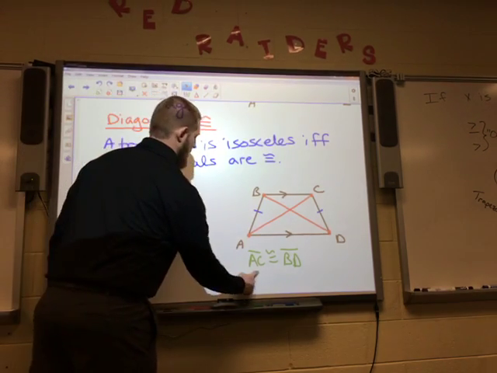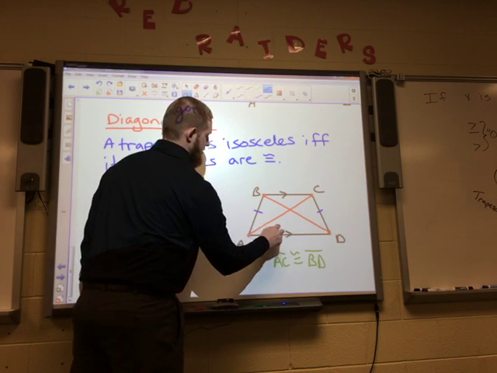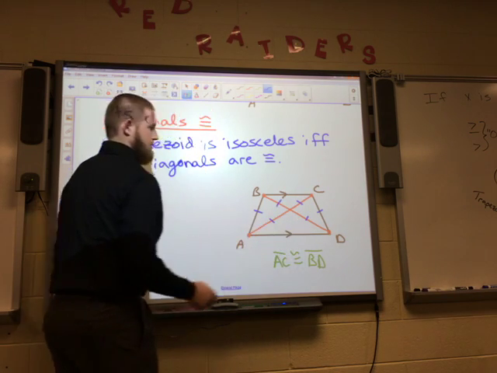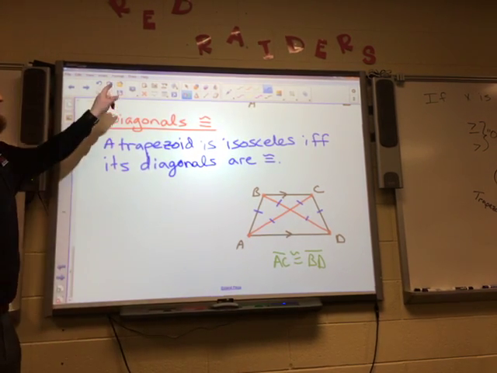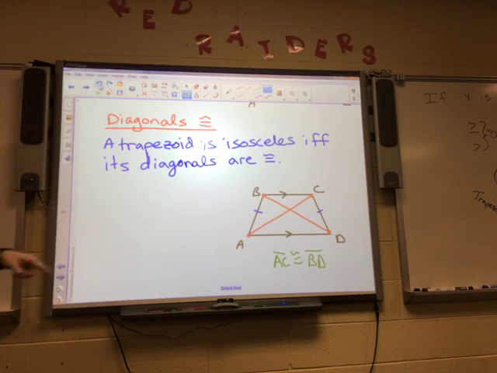Now, unlike a rectangle, does that mean this is congruent to this, this, and this? No, that is not the case here, because in a trapezoid, diagonals do not bisect each other. And it's pretty obvious when you look at that diagram, right?